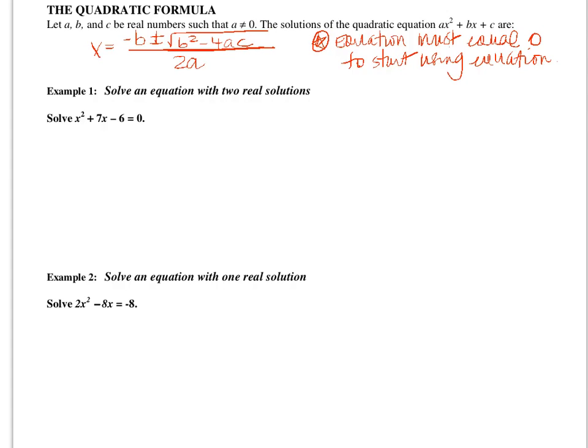So here we go. They give you x squared plus 7x minus 6 equals 0, so we know we can actually start. As we're doing this, let's talk about what is a. A is the number in front of x squared, which is 1. B is the number in front of x, which is 7. And c is the constant number, which is negative 6.